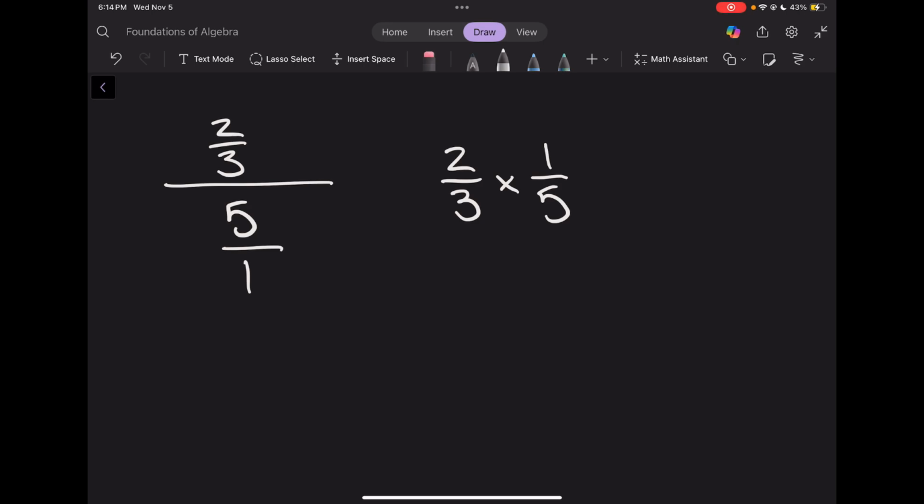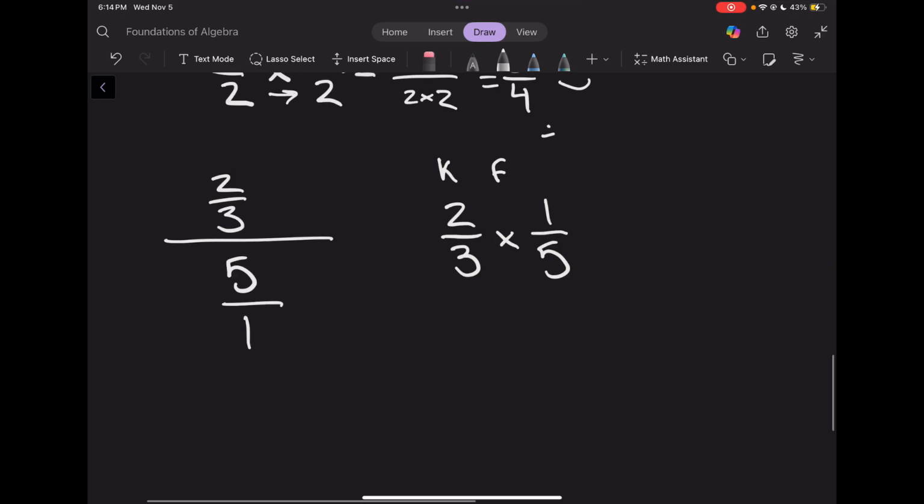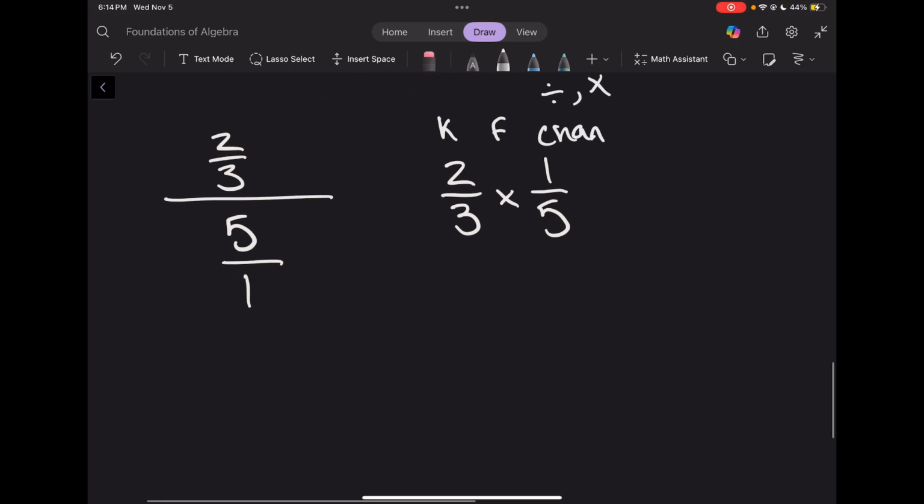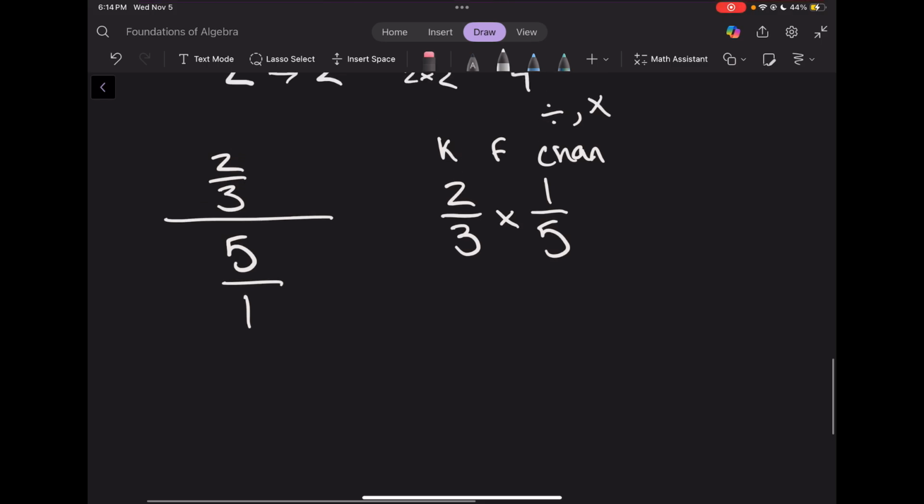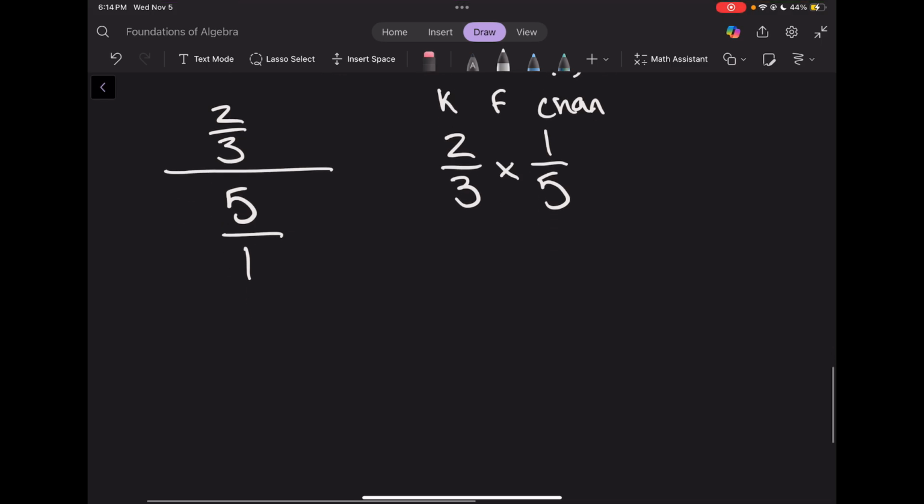I mean, technically you can do Kentucky Fried Chicken, right? Because we're keeping this, we're flipping this, if you think of flipping as division to multiplication, and then we're changing that. They're kind of the same thing, right? But yeah. Anyway, so then our problem becomes a multiplication problem, and we can just multiply across, and we get 2 over 15 as our final answer.